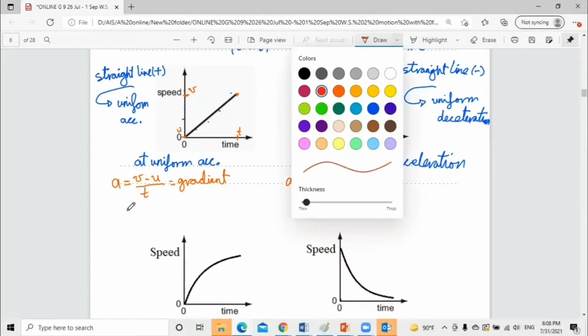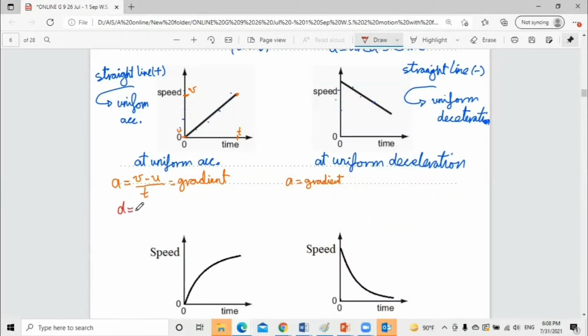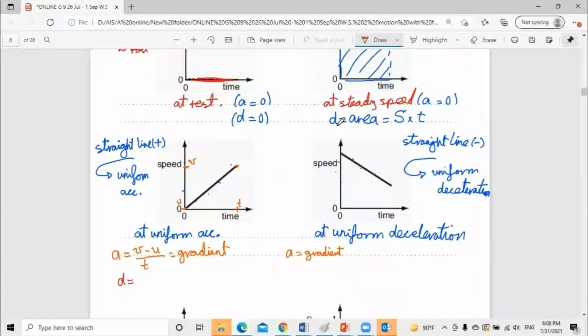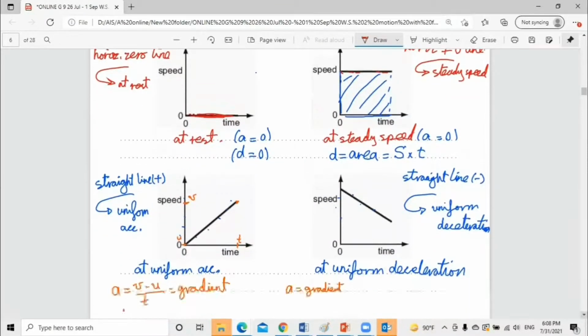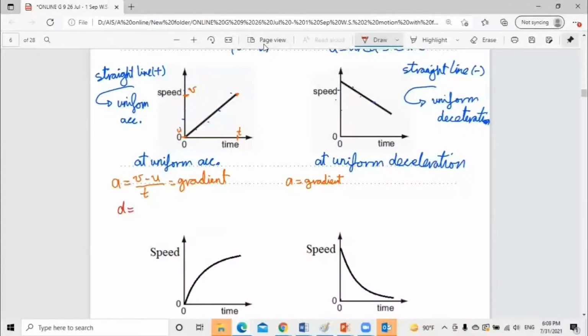شو بالنسبة يا شباب للديستانس؟ شو الديستانس هون equal؟ حكينا قبل شوي بالسبيد تايم جراف الديستانس equal الاريا لهذا الاوبجكت كامل. طب واذا كان في عندي اكسلريشن معناته الاريا تشينجبل صح؟ ايوه، اريا اندر ذا جراف. واتس كولد هذا؟ Area of triangle.